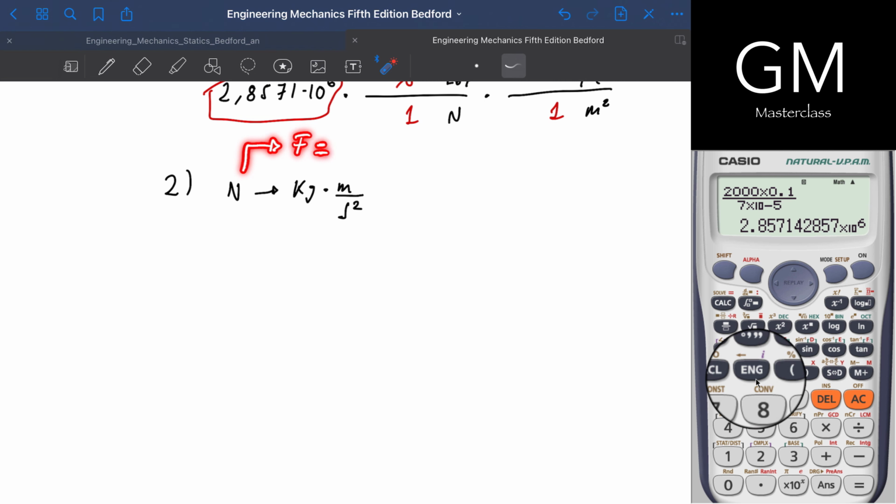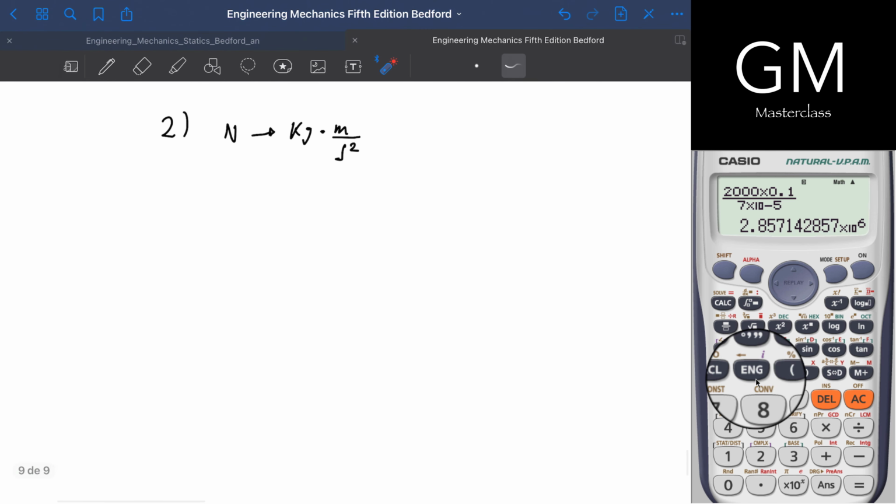A force, because of Newton's second law, is equal to a mass multiplied by an acceleration. So a mass in international system units will take the name of kilograms, and an acceleration in international system units will take the name of meters per square second. I'm sorry for the first part, I was a little confused in my mind, but now I've made that clear.